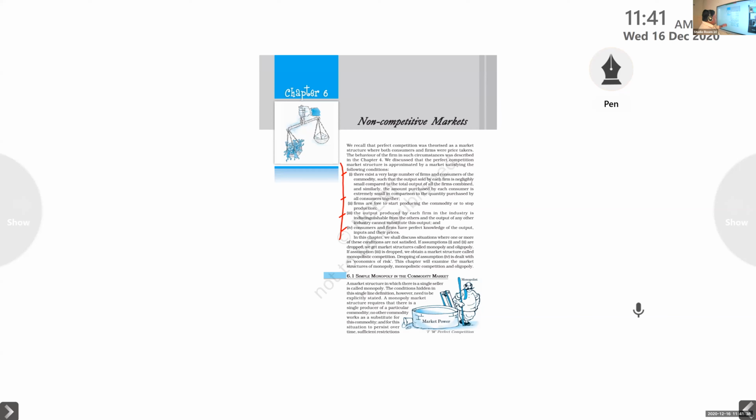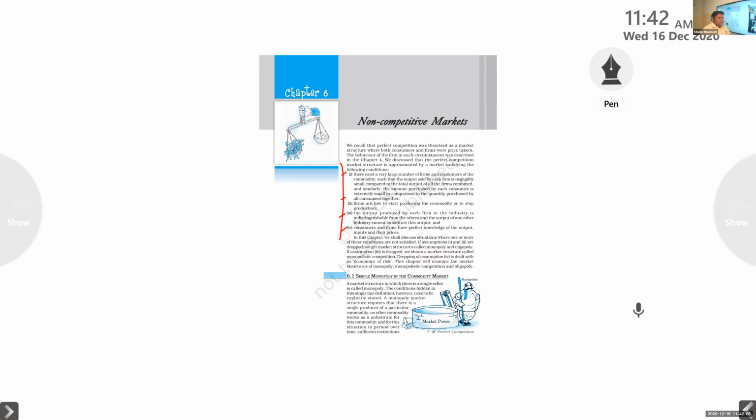First of all, in a perfect market condition, there exists a very large number of firms and consumers, as we already studied. How many producers or consumers are there? We don't know, but the basic concept is that many are there.